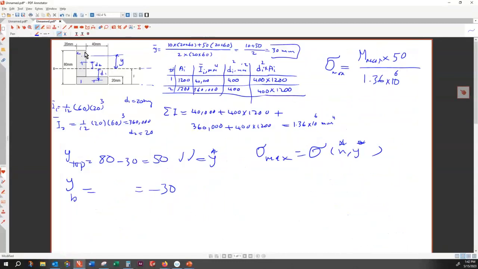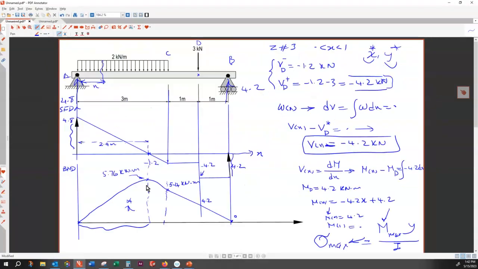And y star is all points where the distance from the neutral plane is largest, so y equal to 50. What was the maximum bending moment?